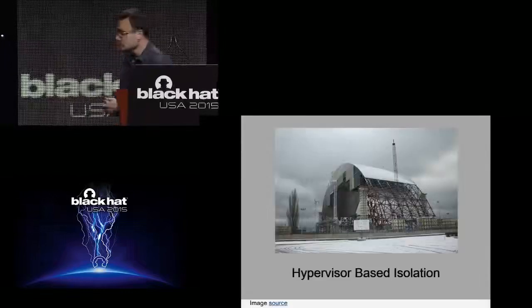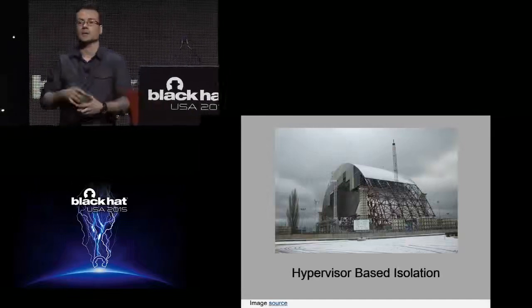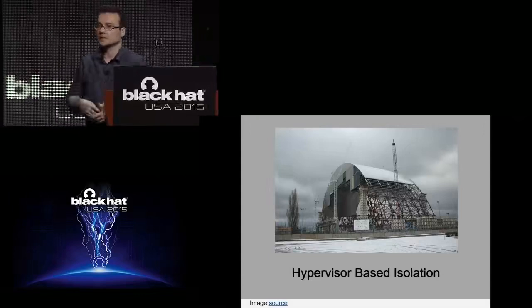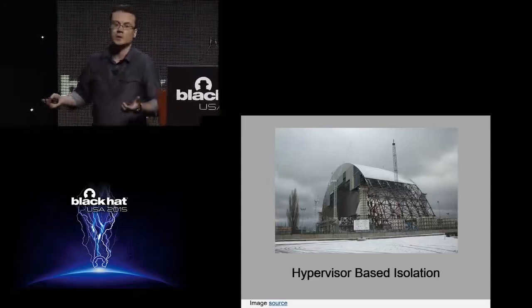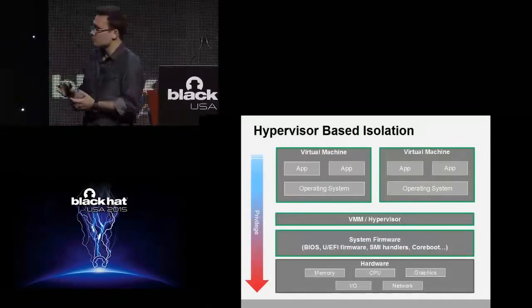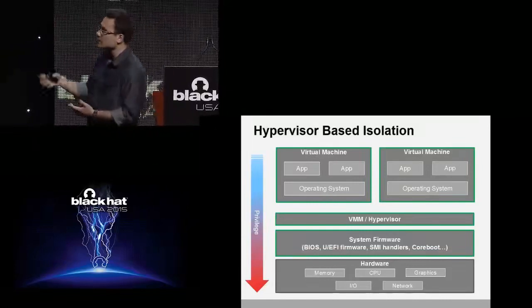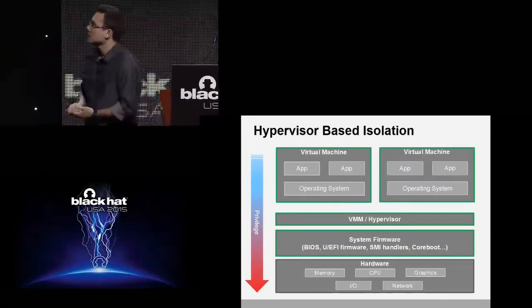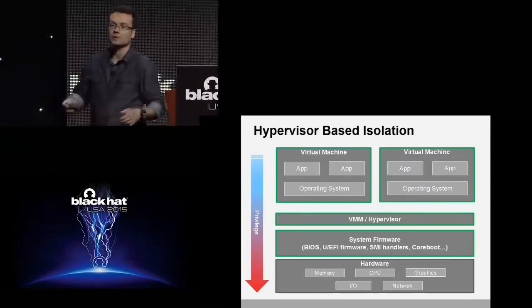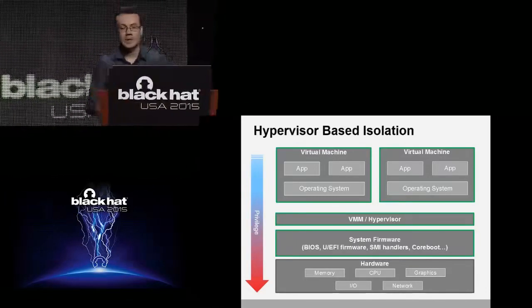So, hypervisor-based isolation and how VMMs isolate malware within the virtual machines as well as malicious devices. The summary of this slide is that it's good when it's complete. You can see the relatively high-level software stack, including hardware at the bottom, then the system firmware running and initializing hardware, which is either legacy BIOS or UEFI-based firmware, or SMI handlers, or other types of firmware.